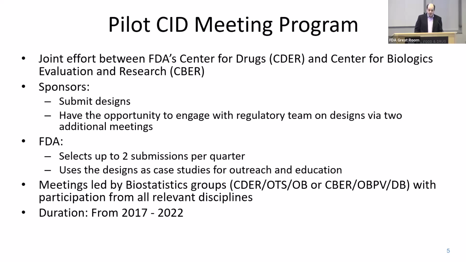Those CID meetings are led by the biostatistics groups in FDA. So in CDER, it's the Office of Biostatistics. In CBER, the Division of Biostatistics. But there's, of course, participation from clinical teams and from all relevant disciplines. Again, this ran from 2017 to 2022.